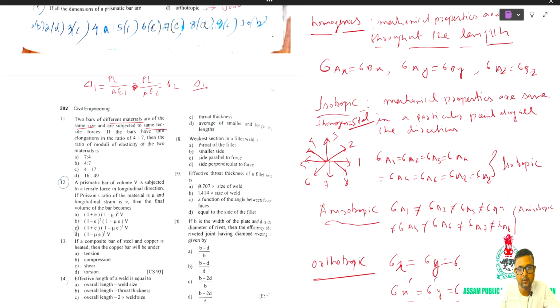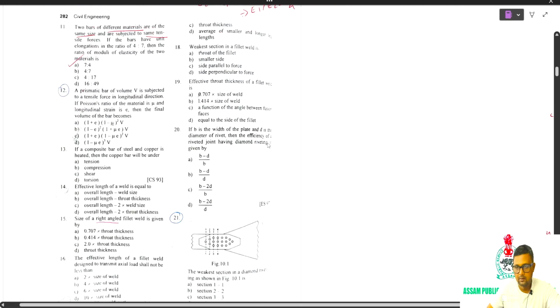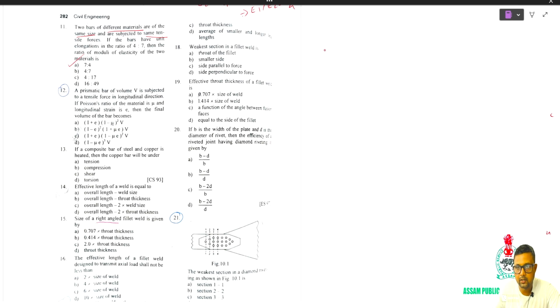If you divide delta 1 by delta 2, you get 4 by 7 is equal to E2 by E1, or E1 by E2 is equal to 7 by 4. Answer is A. Now let's see question number 12.